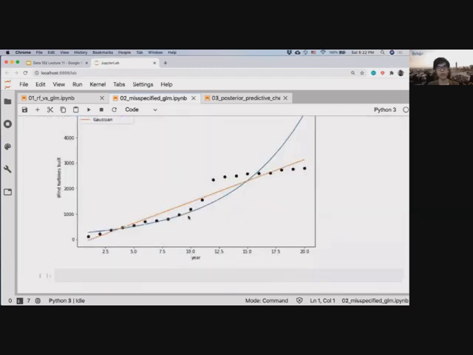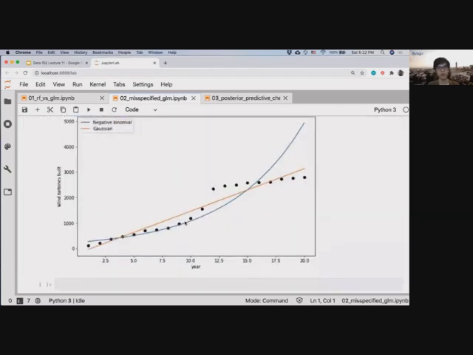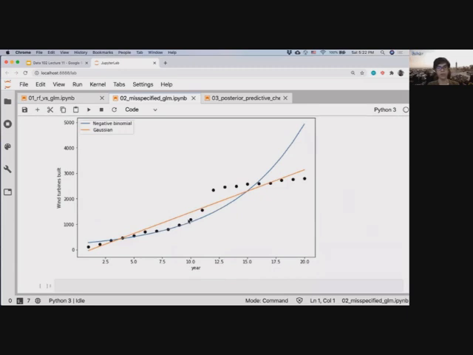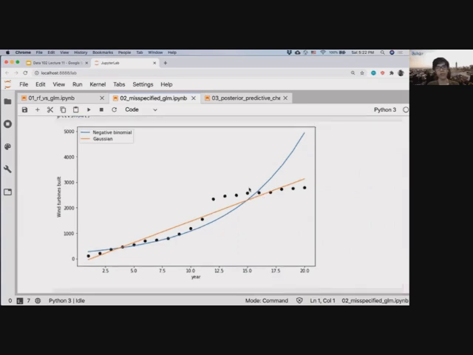So if we were to interpret it like in the previous case, it's going to say something along the lines of the number of wind turbines built increases by roughly 15% each year. But then it's clearly not the case because there's so much heterogeneity in the patterns in this data. Okay, so the takeaway is that we need to be very careful about interpreting our GLM models when the model is not actually a good fit for the data.